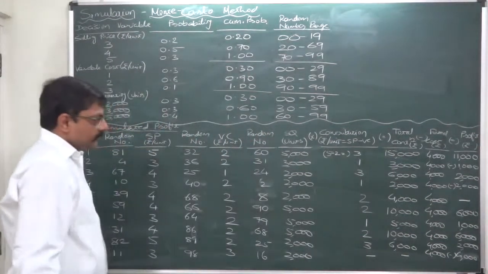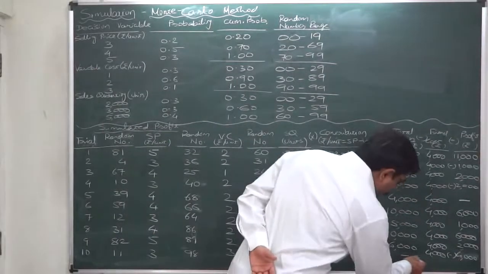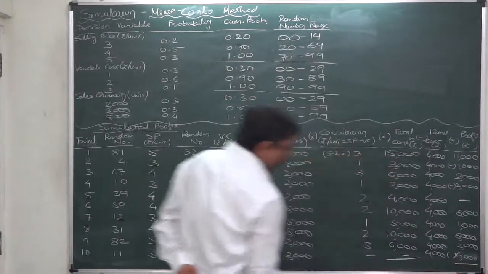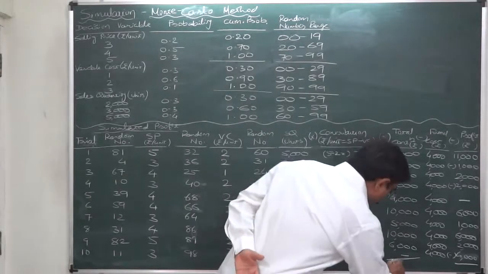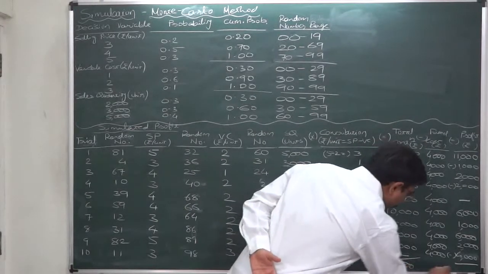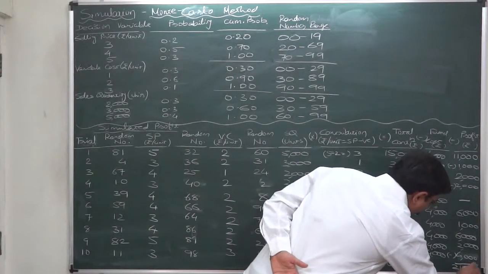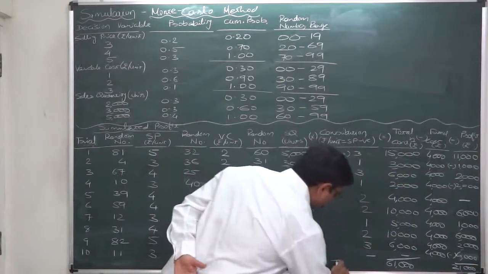Okay, we need to find out the average contribution as well as average profit. So let's go for totaling, contribution comes to 61,000 and for profit it comes to 21,000.